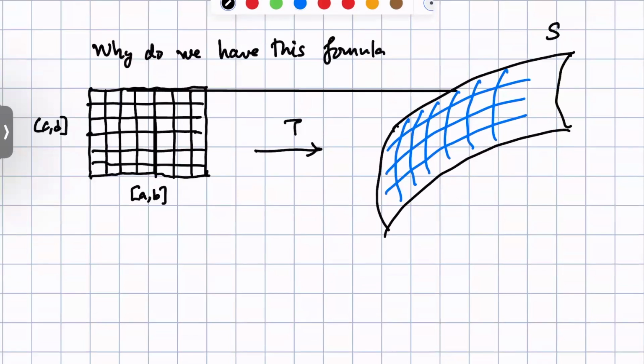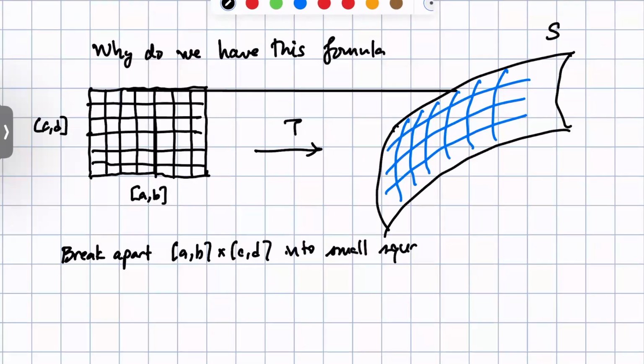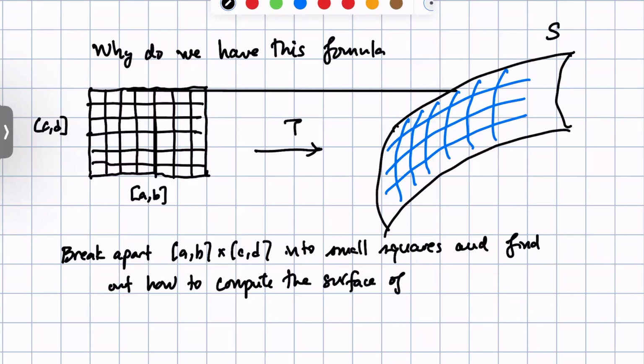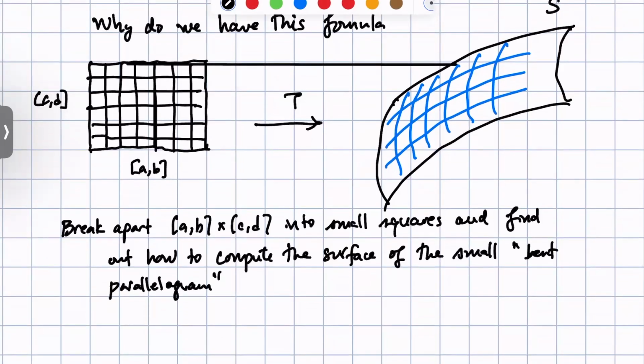So let me write some of this down. Break apart AB cross CD into small squares, and find out how to compute the surface area of the small, I'm going to call it a bent parallelogram, corresponding to each.